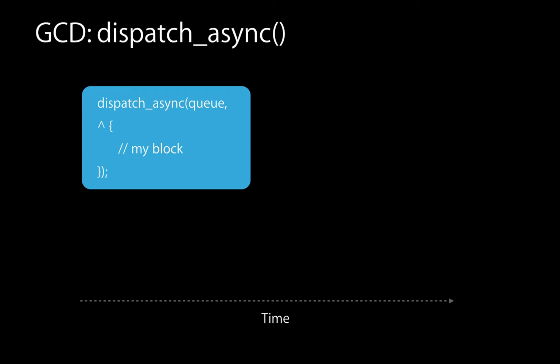Basically, you divide your task up into smaller work items called blocks, and then you enqueue the block to a queue in two ways, synchronously or asynchronously. We're going to focus on the latter because it poses a bigger challenge when it comes to debugging. You enqueue asynchronously using the dispatch_async API.